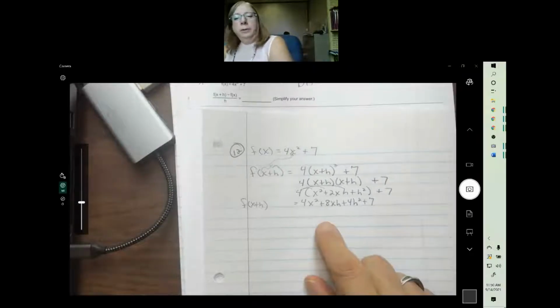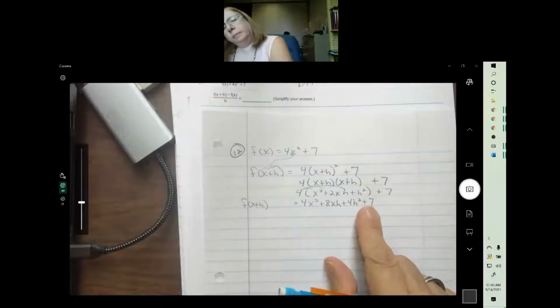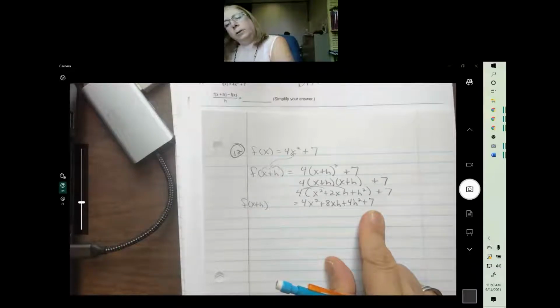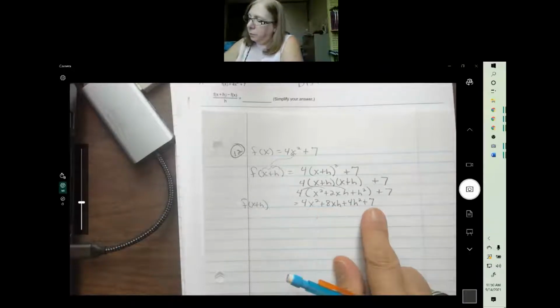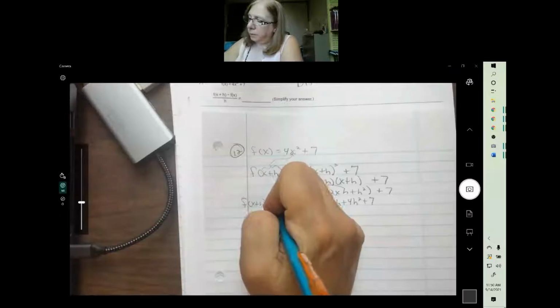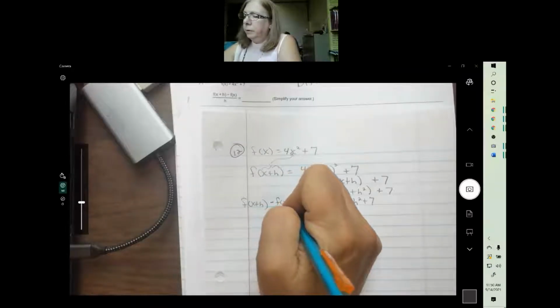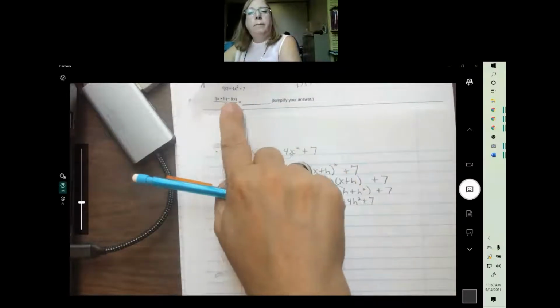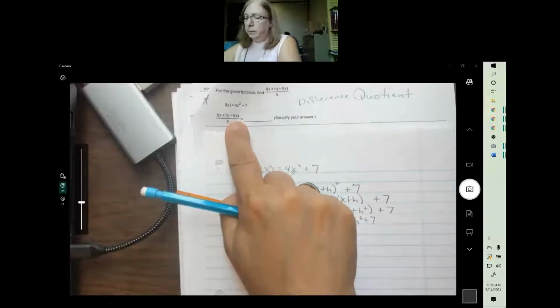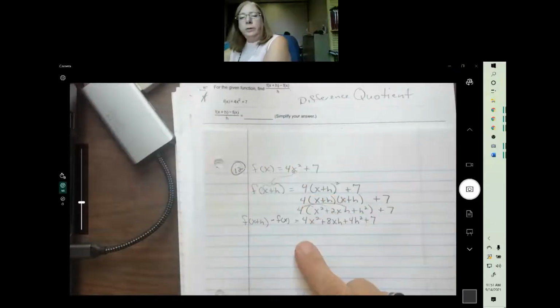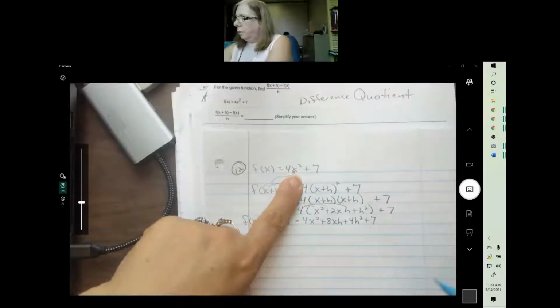Now notice there's nothing else we can combine. So once you cannot combine anything, you subtract f of x. This part here. F of x is just your original equation.